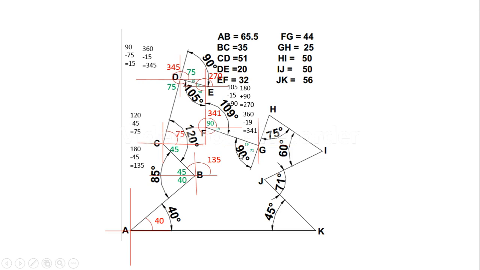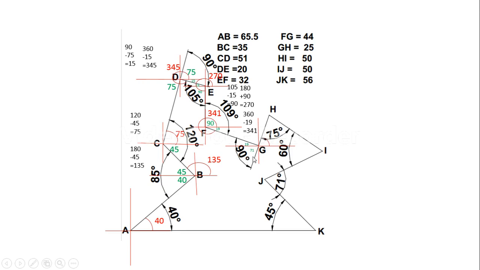So which angle do you need at this point? You need the angle made by GH with the horizontal positive x-axis. This angle is from 0 to this line GH.